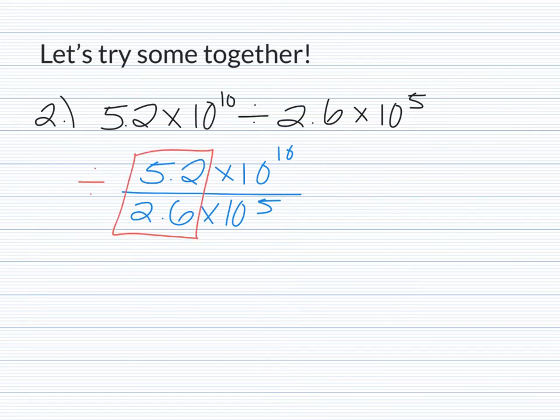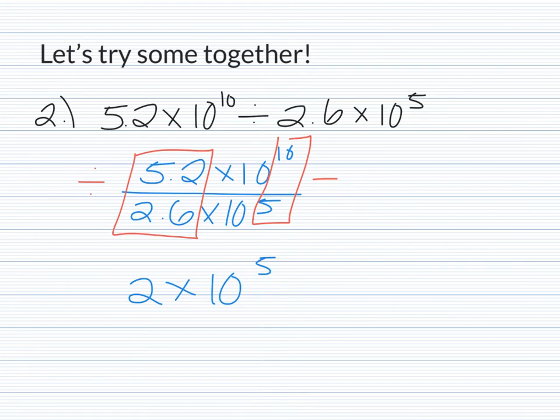So 5.2 divided by 2.6 is 2, times base 10 stays the same. We subtract our exponents, and 10 minus 5 is just 5. And once again, 2 is a whole number.